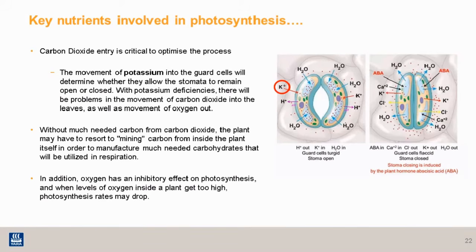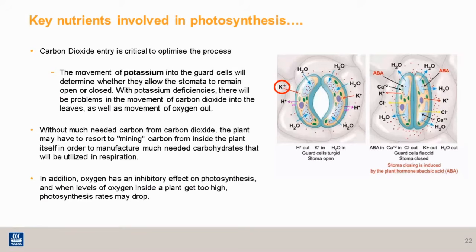And the key nutrient there, potassium, as you can see, is shunted into those cells around the stoma, and by doing that you create the osmotic potential, which means water will go in, the cell opens, and you then have a nice process of carbon dioxide coming in and out of that leaf to keep photosynthesis going.